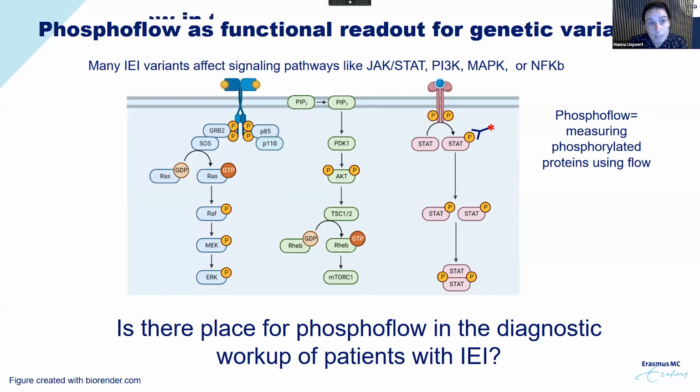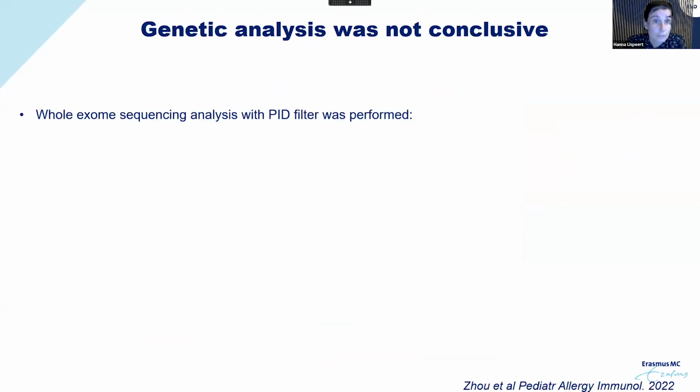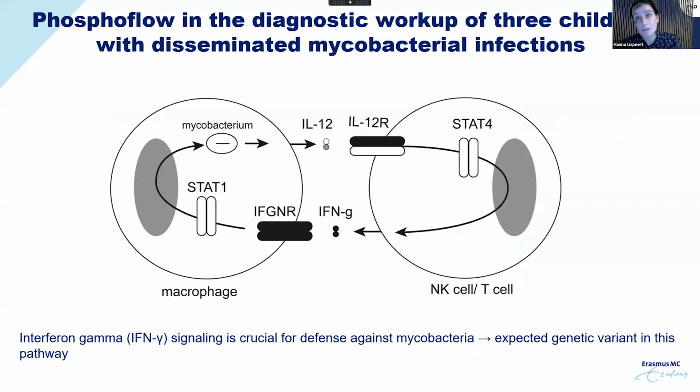And today I would like to illustrate the use of this phosphoflow in the diagnostic workup of 3 children with disseminated mycobacterial infections. As you know, interferon gamma signaling is crucial for the defense against mycobacteria.